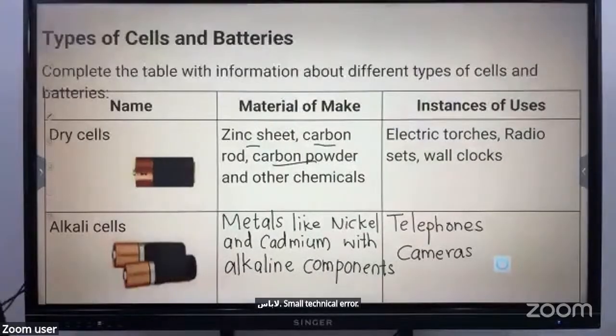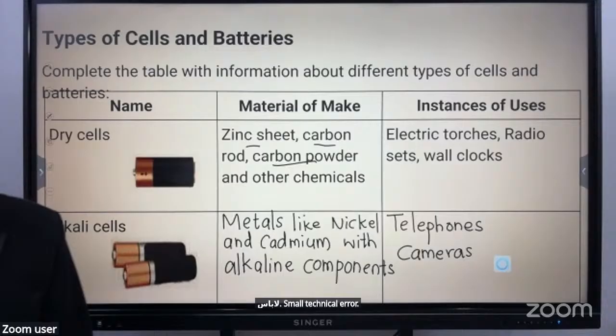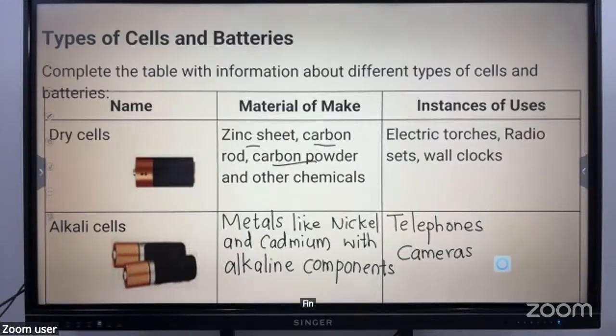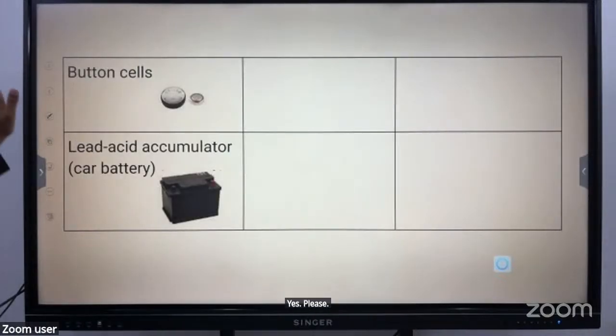Okay, children, have you written? There was a small technical error. Finished? Yes, teacher.